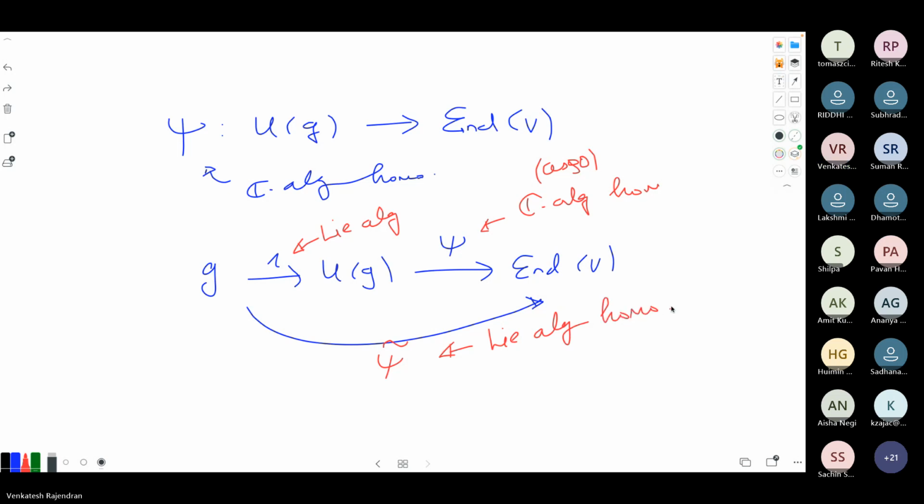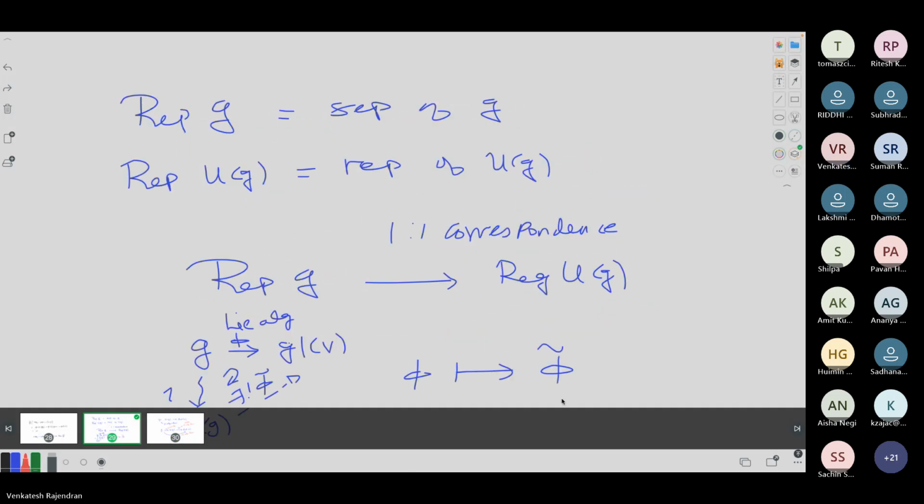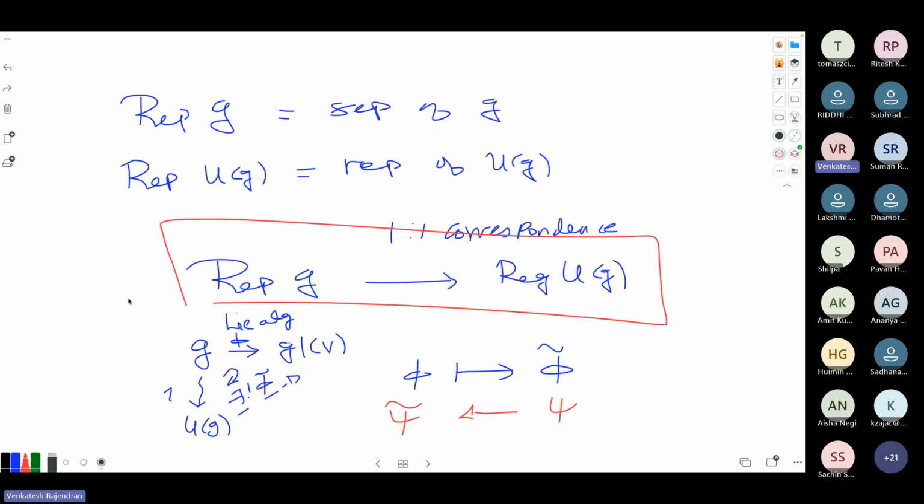Okay. So now if you go from this Xi, then you just map to Xi tilde. So that actually tells you that this map is surjective. That gives you a one-to-one correspondence between the representations of g and the representations of UG.